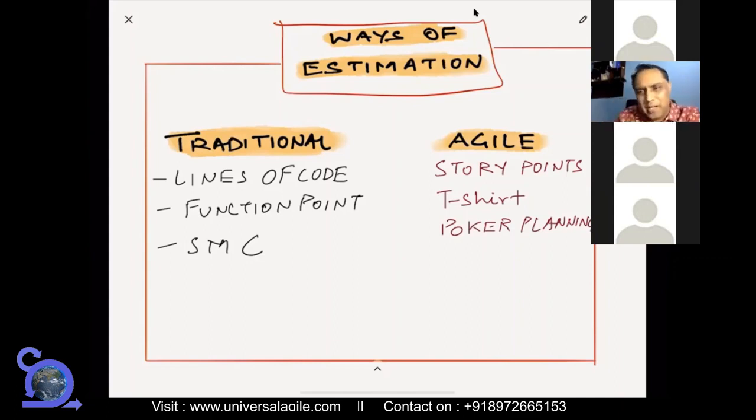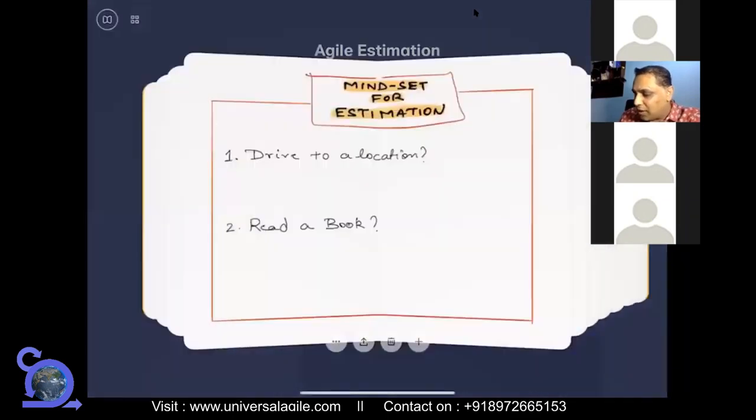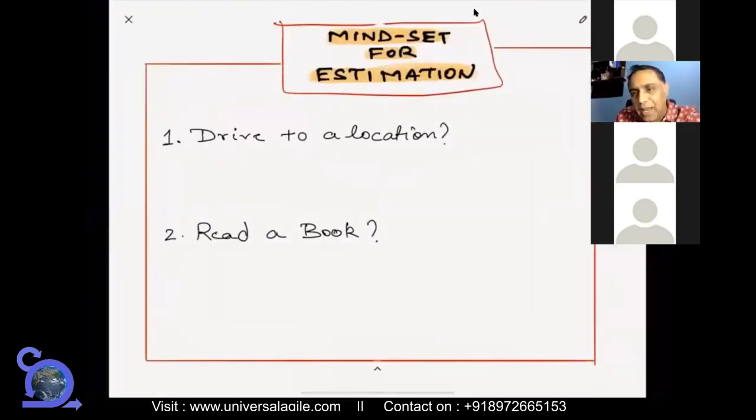There are many, many techniques out there. I'll not go into all of them, but these are some of the Agile ways of estimation you would have heard of. Now, with this knowledge, let's go back and understand what should be the mindset for estimation.